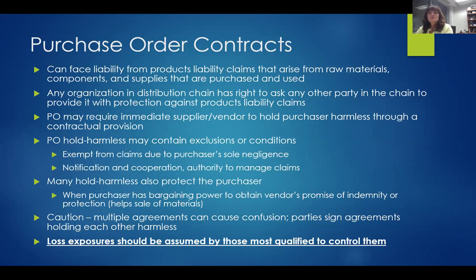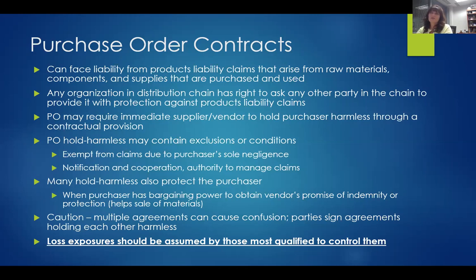You, in turn, could sue the manufacturer, but what I want to point out is that any claim that arises from a product that you are selling, whether you are the person who provided the raw materials, any components, or any supplies, those ultimately still fall as a liability upon your company.